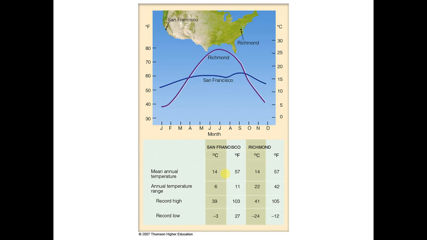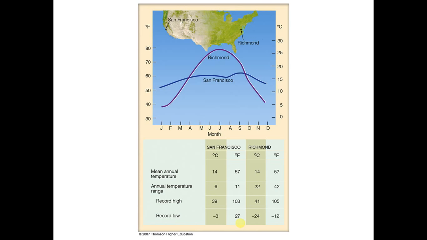Even though January in Richmond averages only 14 Fahrenheit colder than January in San Francisco, people in Richmond awaken to an average January minimum temperature of 21 Fahrenheit, which is much colder than the lowest temperature ever recorded in San Francisco, 27 Fahrenheit. Trees that thrive in San Francisco's weather would find it difficult surviving a winter in Richmond.